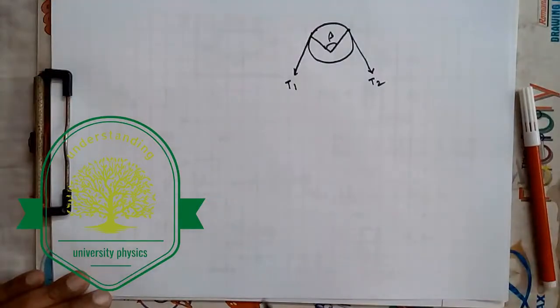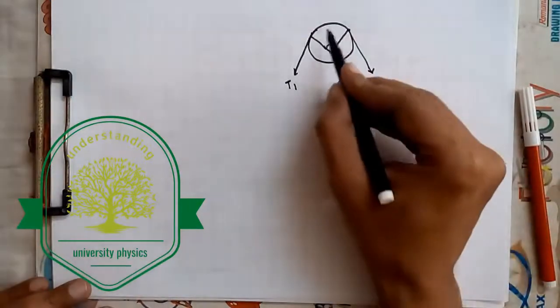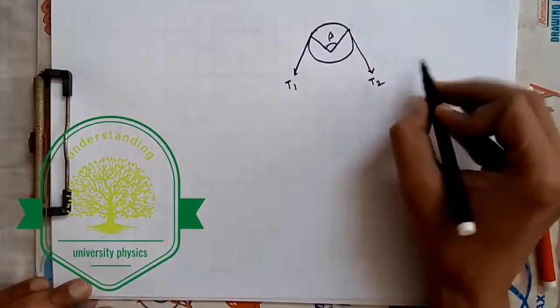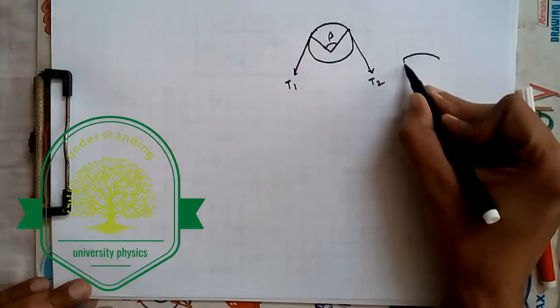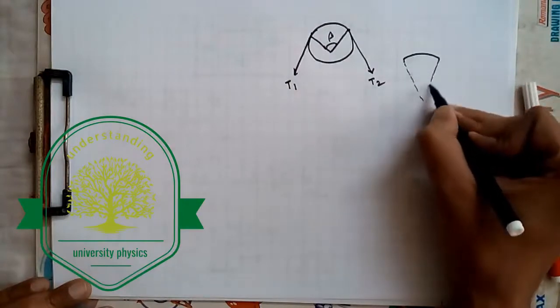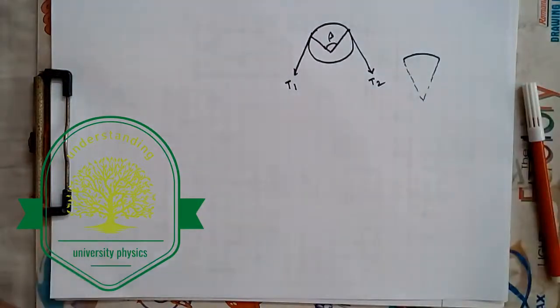If we select a very small portion of the belt, it will look something like this, and say that it subtends a very small angle d theta at the center.